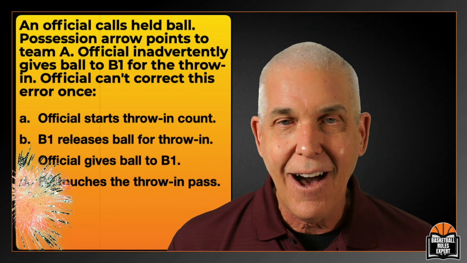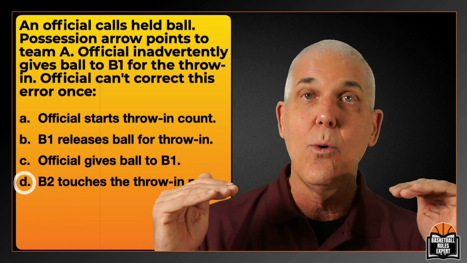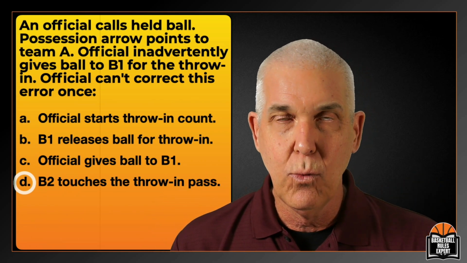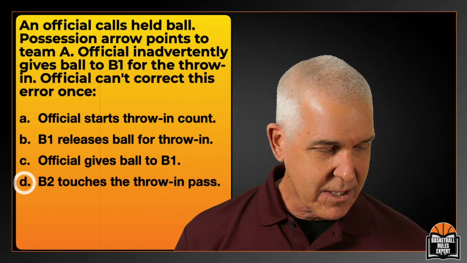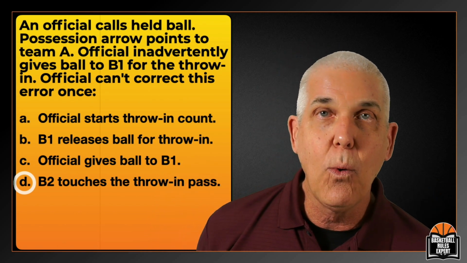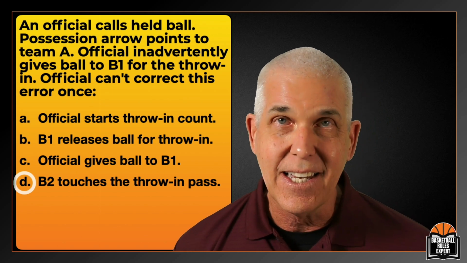Once the player contacts the throw-in pass, the throw-in has ended by rule and we can no longer correct. Now we discover this, and at this point, everybody wants to fix it, right? I want to fix it. I want to make up for our mistake, okay? But NFHS says specifically, once the throw-in ends, our opportunity to correct has ended.